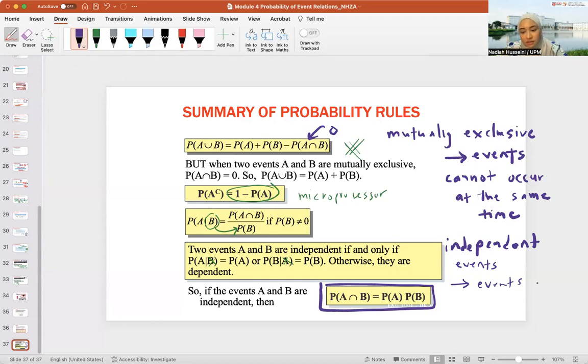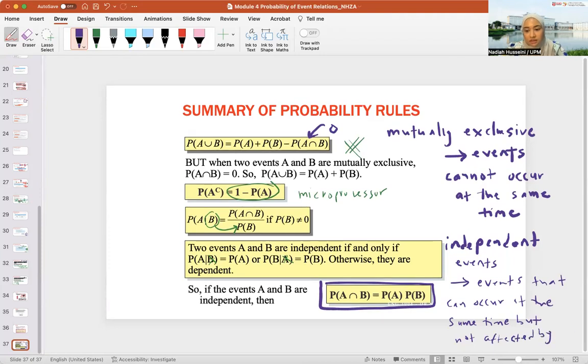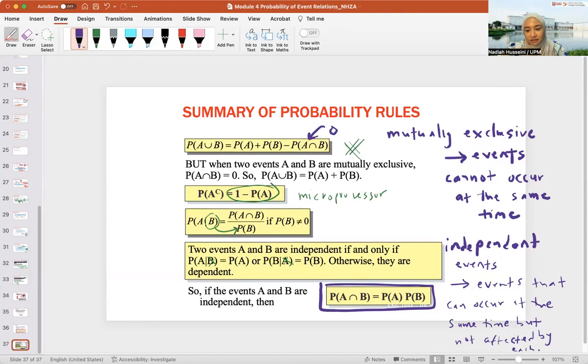Independent events can occur at the same time but are not affected by each other. I should have typed that. Why did I bother writing it?